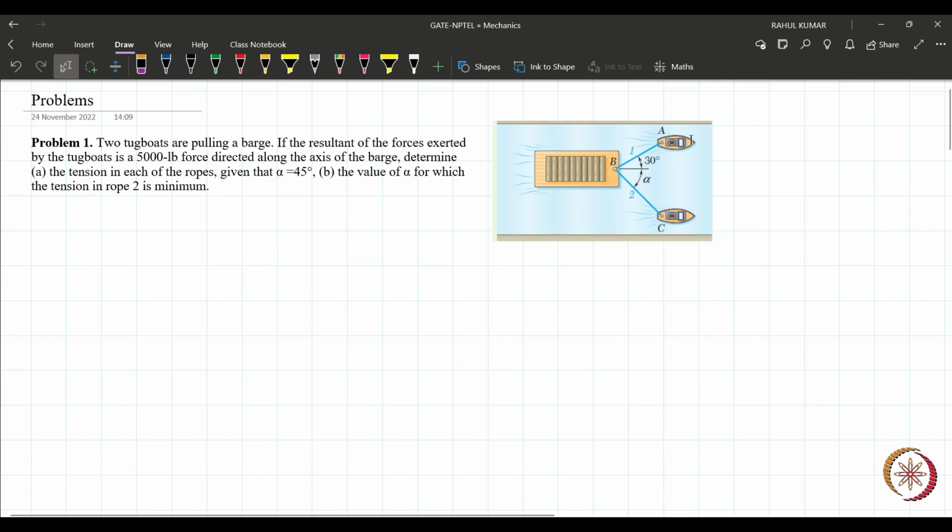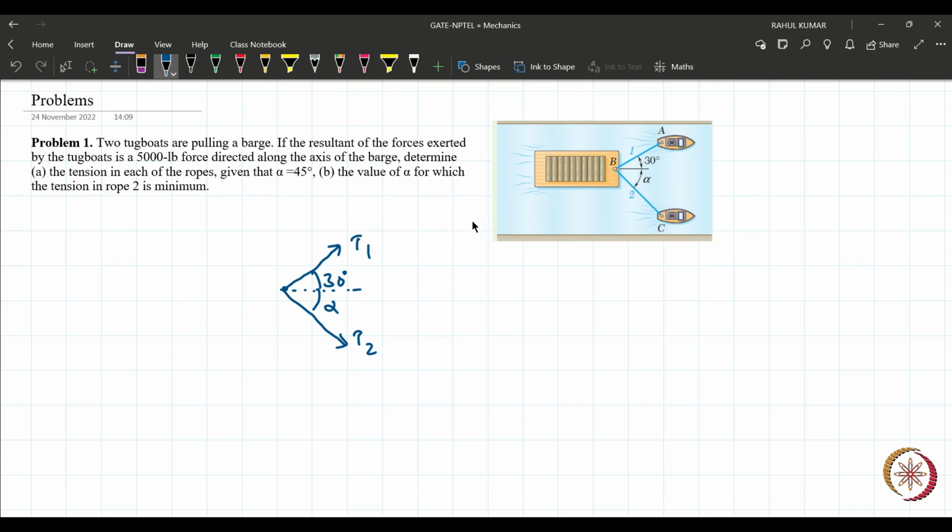When the boat is applying force, then definitely there is a tension in the string, T1, and there is another tension T2. This angle is 30 degree and this angle is alpha, and it is saying that the resultant of these two forces is 500 pound.